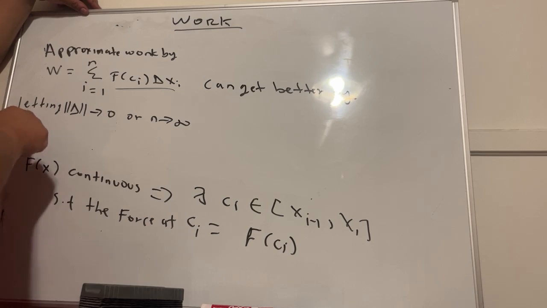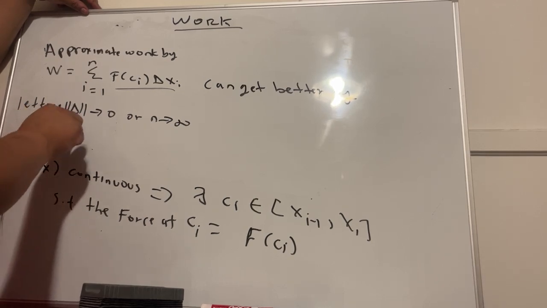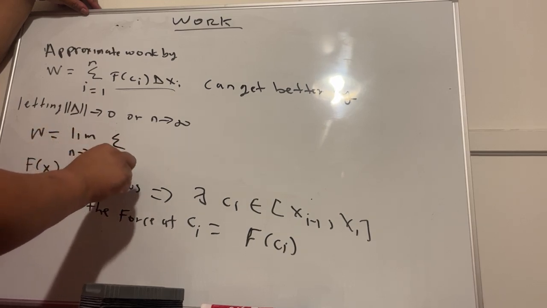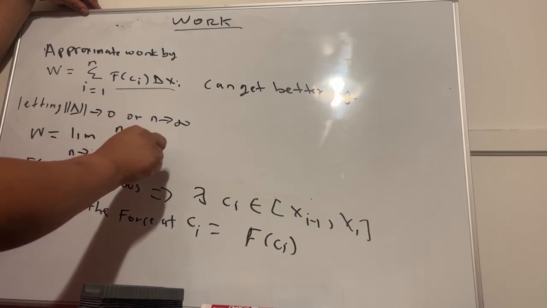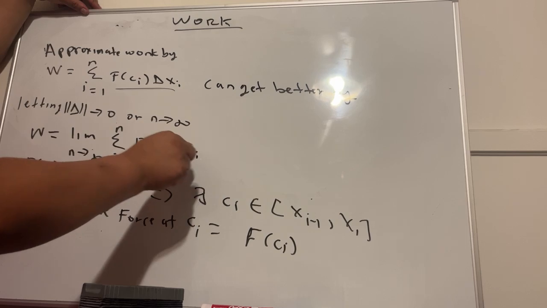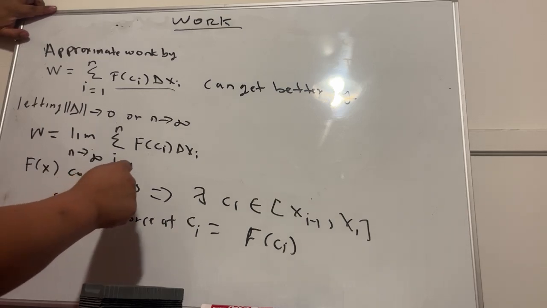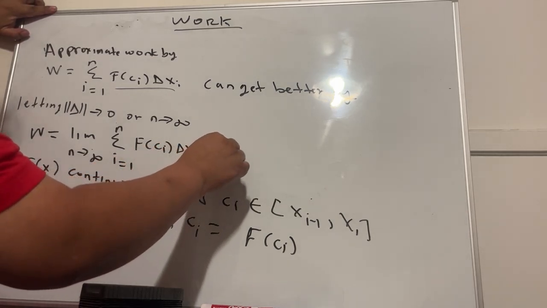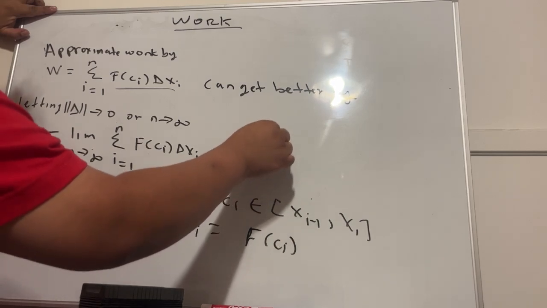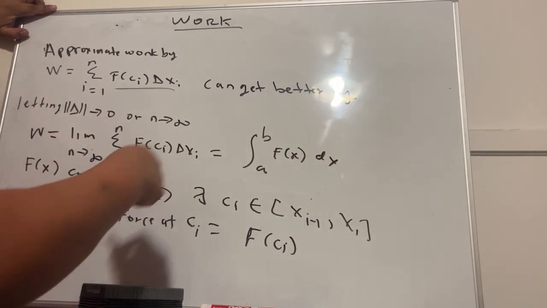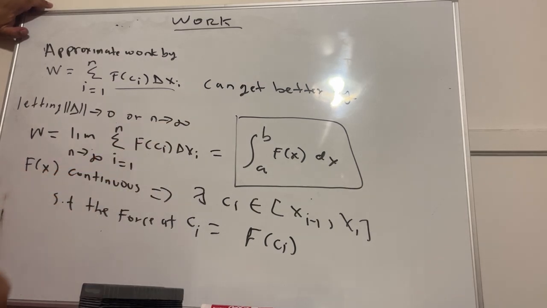And we do the following. We take the limit as n approaches infinity, and that's going to equal the integral from a to b of f of x dx, and that's the formula that we need for work done by a continuous varying force.